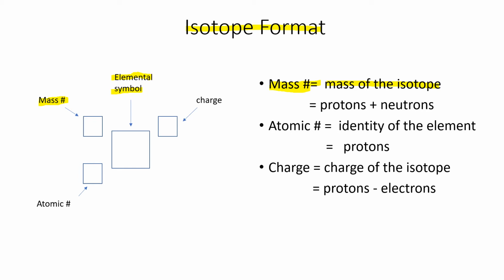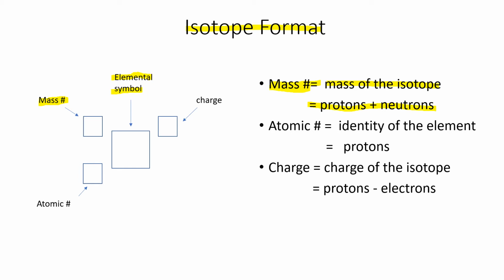If we look back to what we talked about previously in this presentation, we saw that of the three different parts of the atoms, protons, neutrons, and electrons, the electrons really didn't contribute much to the mass, such that the mass number is really just the sum total of everything that contributes to the mass. The only things that contribute to the mass are protons and neutrons. So our mass number is the number of protons plus the number of neutrons.